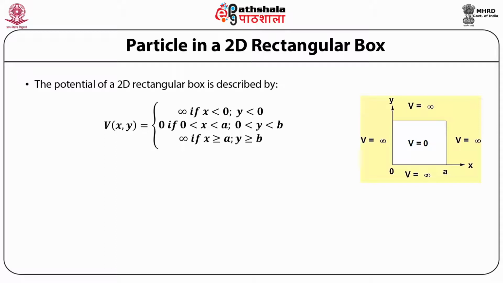Now if we consider the solution of the above equation as psi(x,y) equal to psi(x) multiplied by psi(y), where psi(x) and psi(y) are functions of x and y only. So now if we substitute this solution in the Schrodinger equation where V is equal to 0 and use the variable separable method, we get two equations, each consisting of one variable only, that is either psi x or psi y.